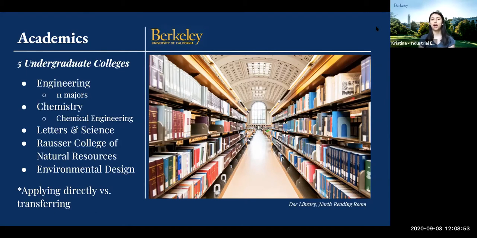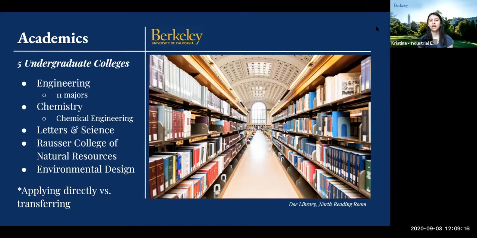We have another additional 3 colleges. We have the College of Letters and Science, which covers a really broad range of subjects. So even if you're interested in engineering, it might be a really good college to go into because it has a lot of STEM majors as well, and has about 75% of our student population, our largest college overall.